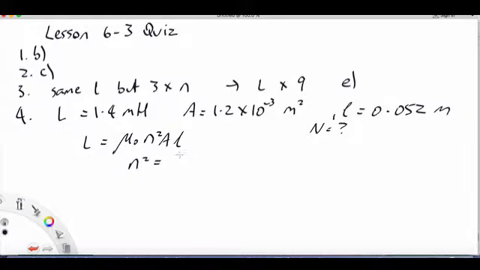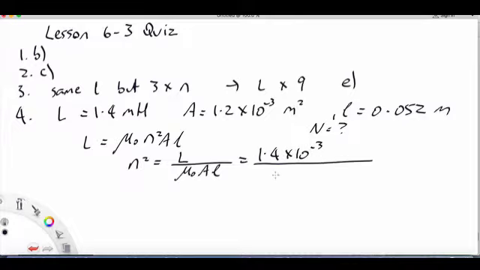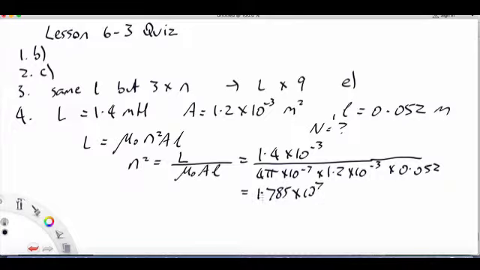So N squared is going to be L over mu naught A times little l, which is the length, which is going to be 1.4 by 10 to the minus 3 henries over 4 pi by 10 to the minus 7 times 1.2 by 10 to the minus 3, which is A, times the length of 0.052, and that gives us 1.785 by 10 to the 7.